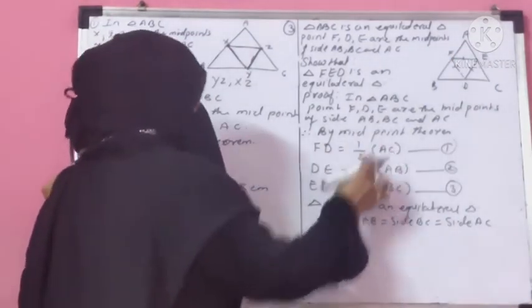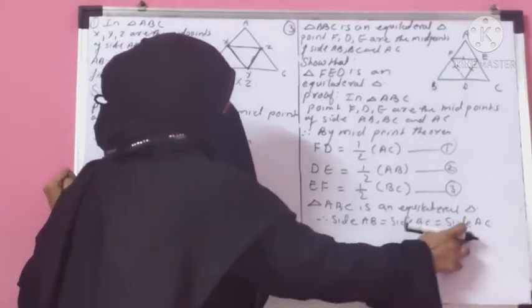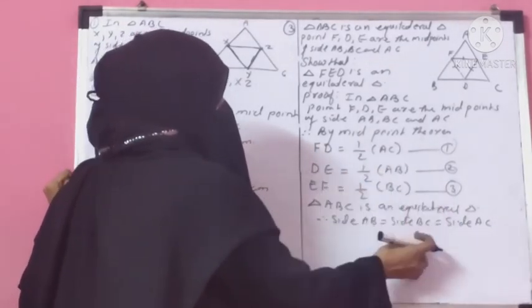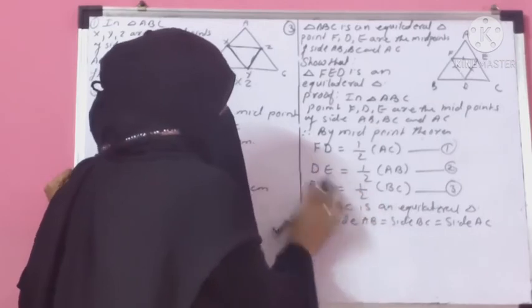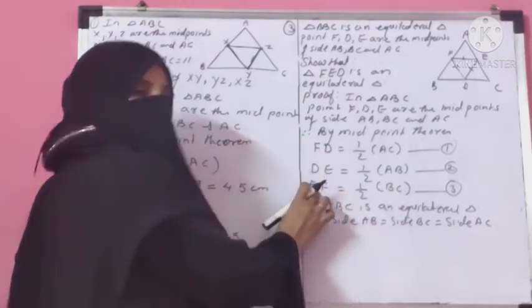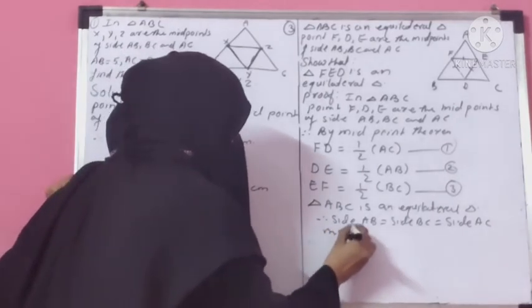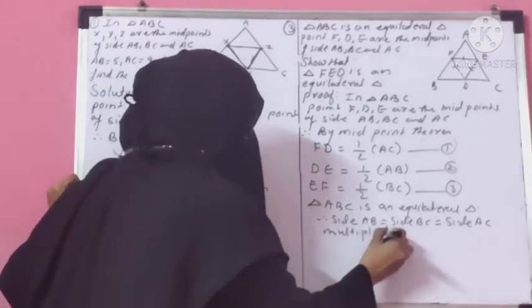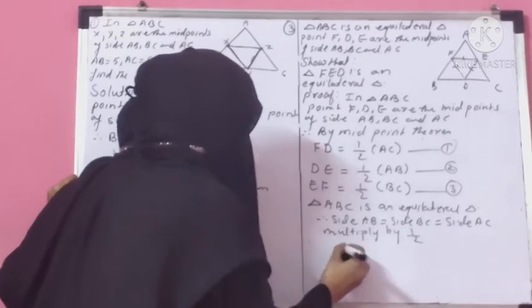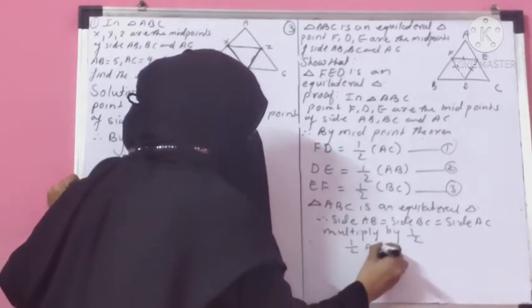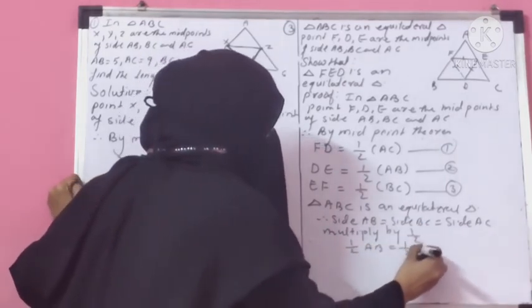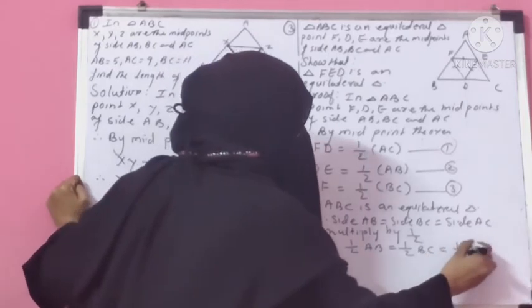But half of AC is FD, half of AB is DE, and half of BC is EF. That means multiply by half. So it becomes half of AB is equal to half of BC is equal to half of AC.